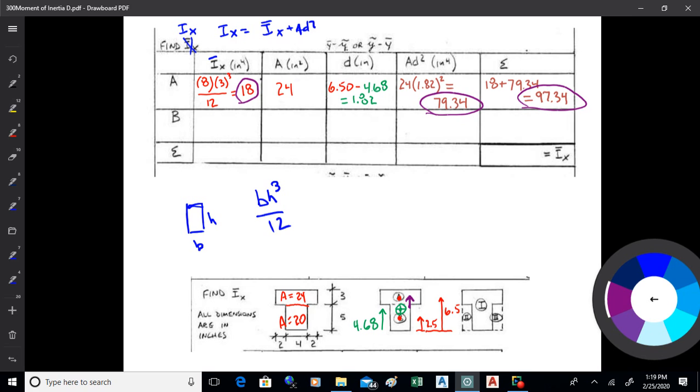Now, when you're doing moment of inertia, there's no negative values, okay? Some of those offset distances are negative, but you square them so the negative goes away. So unless you're doing cutouts, there should not be negative values on moment of inertia.